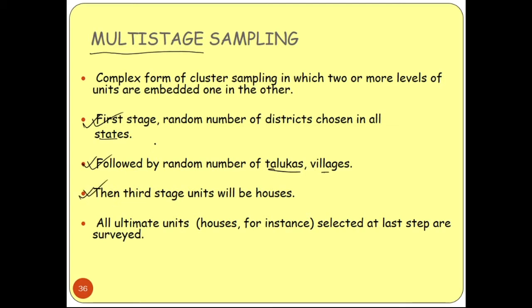So that means we are taking the broad area first. We are choosing some districts randomly, and inside the district we choose randomly how many villages or taluks, and after that we choose the houses. All ultimate units, houses for instance, selected at the last step are surveyed.